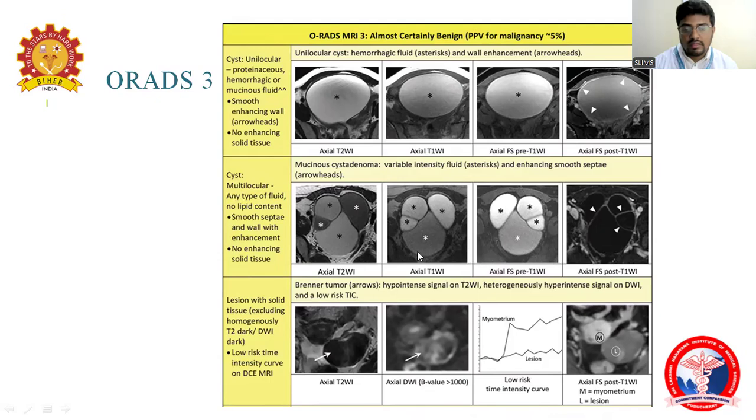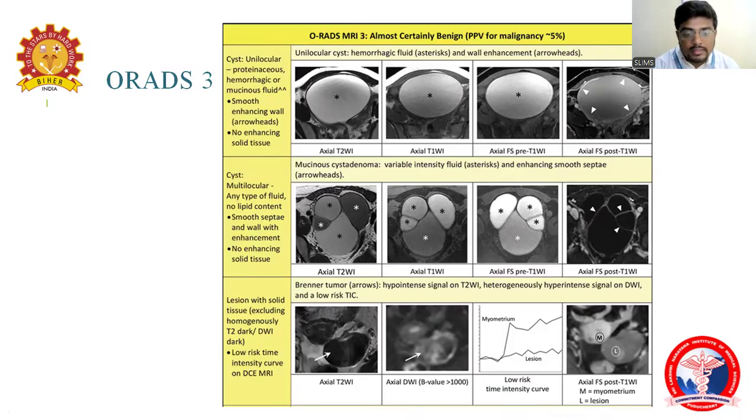In the T1 weighted image, the locules that appear hypointense on T2 appear hyperintense on T1. In the post-contrast, we are able to see the smooth wall and septal enhancement. This varying signal intensity in each locule is very typical of mucinous cystadenoma.